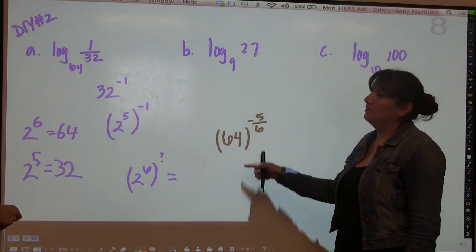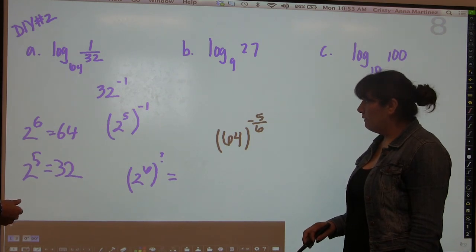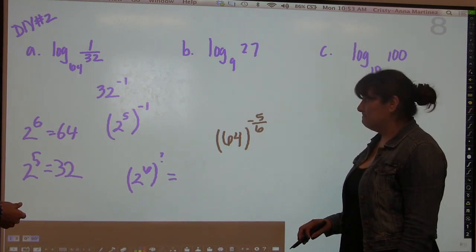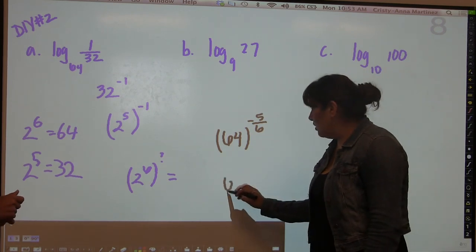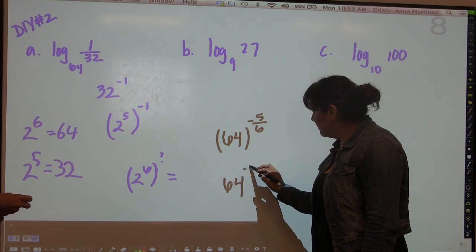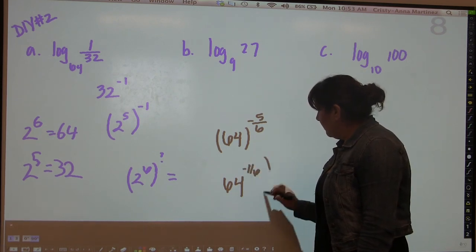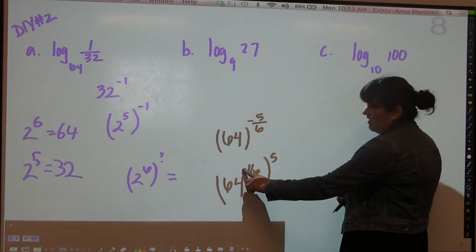Can I break this down? Sure I can. I can go 64 to the negative 1/6 power and then raise it to the 5th. What is 64 to the negative 1/6 power?